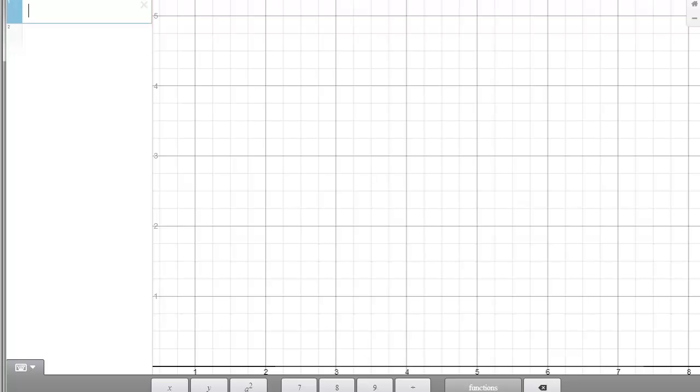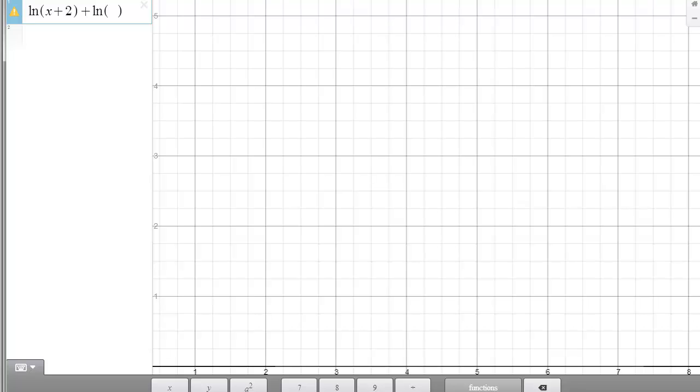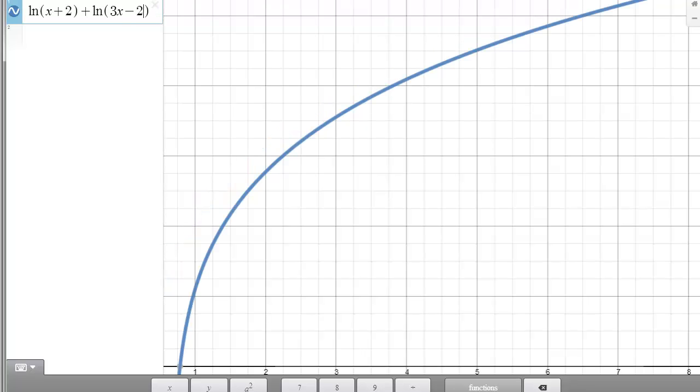And put in our expression. It was natural log of x plus 2 plus natural log, I'm putting in the original, of 3x minus 2. And that's that.